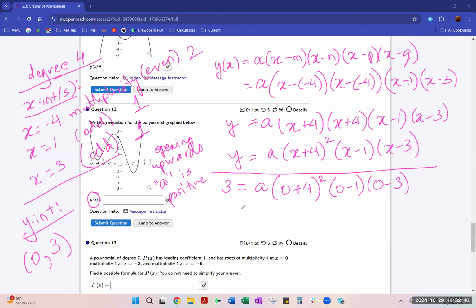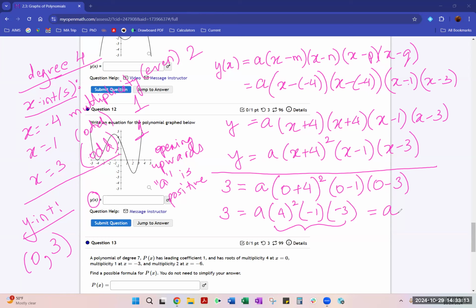Alrighty, now that we have plugged in with our y-intercept of 0 and 3 into the equation, let's go ahead and simplify this. So we will have 3 on this side. 0 plus 4 is, of course, 4, and this is raised to the second power. 0 minus 1 is -1. 0 minus 3 is -3, right? Go ahead and multiply these numbers on the right-hand side. A will stay as it is. 4 squared, of course, is 16.